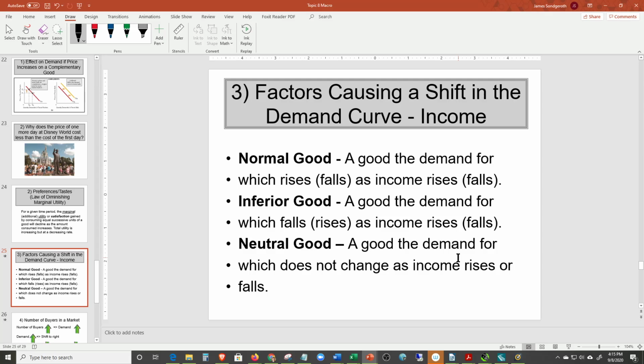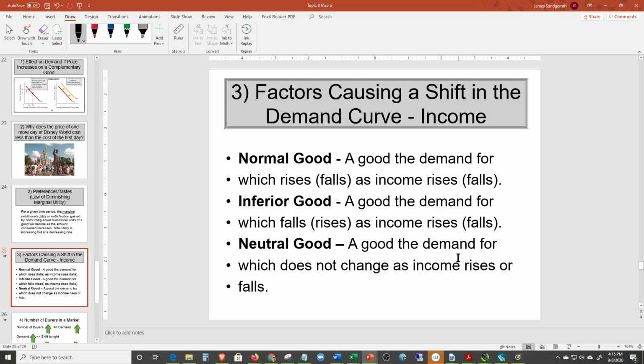A typical example would be ramen noodles for college students who are on a budget and trying to save money. They often buy ramen noodles, which are very cheap, yet somewhat filling. So while they're poor and in college, a lot of ramen noodles are purchased.